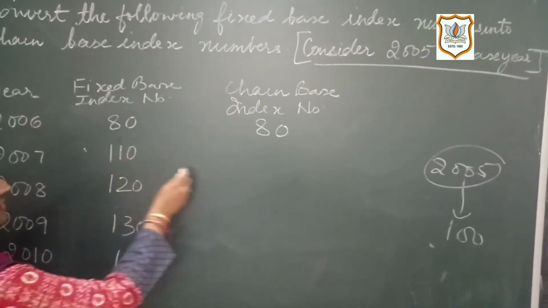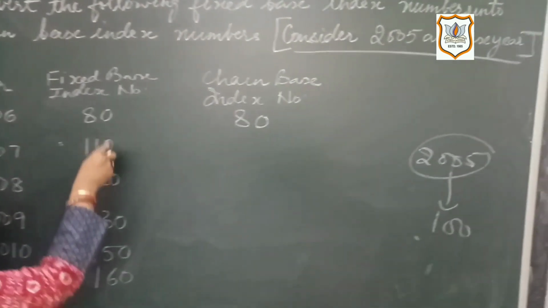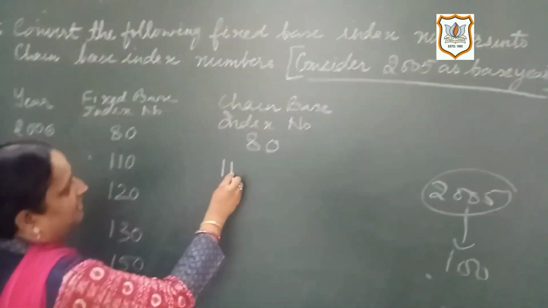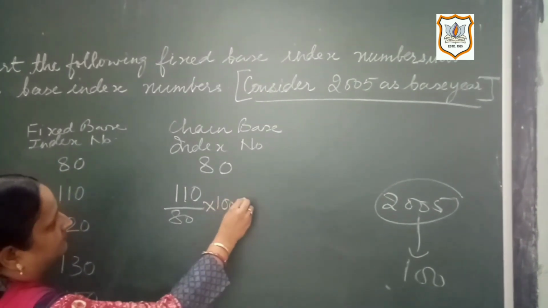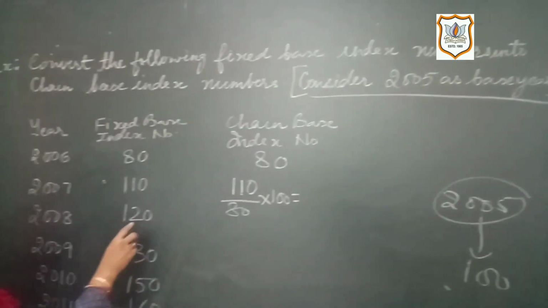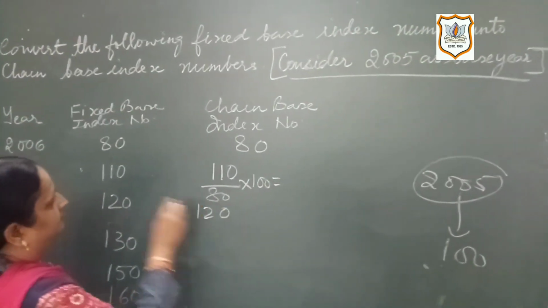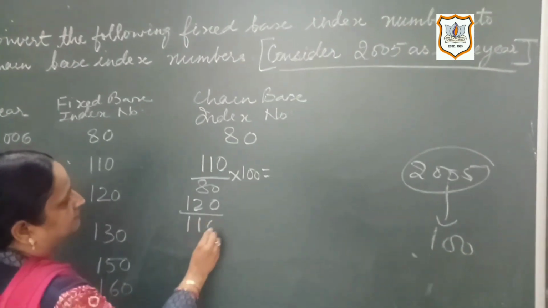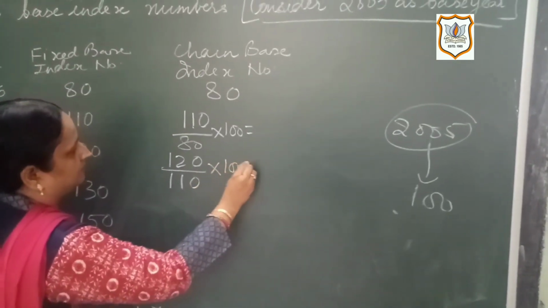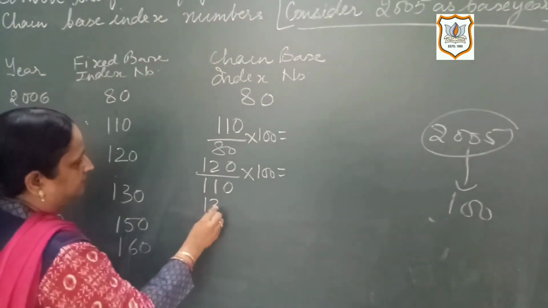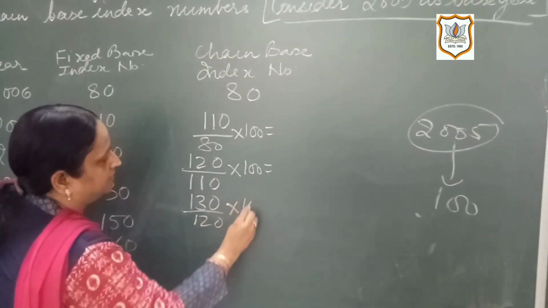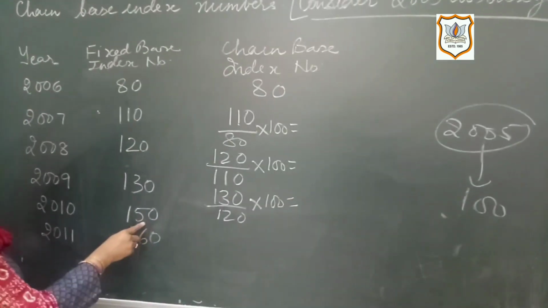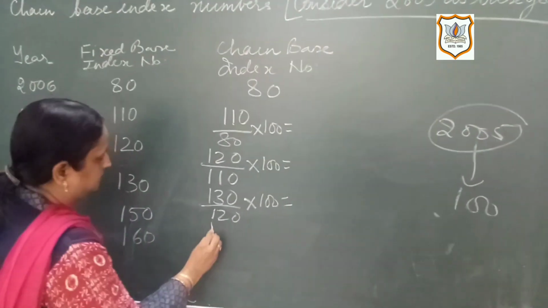Now for this one, see 110 is the value, previous one is 80. So you will have 110 upon 80 into 100. Other method will be same. 120, previous one is 110, into 100. 130, previous is 120, into 100. This is 150, previous is 130.